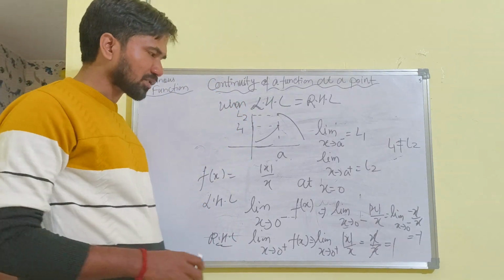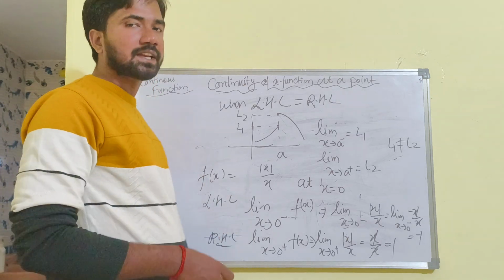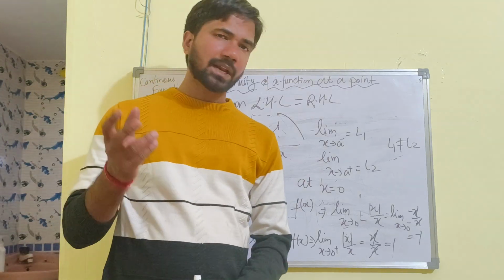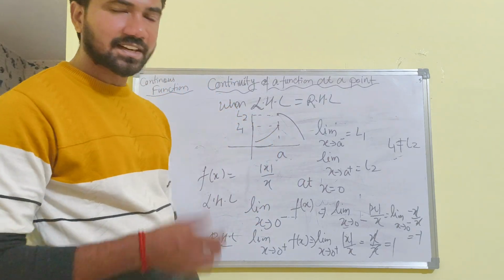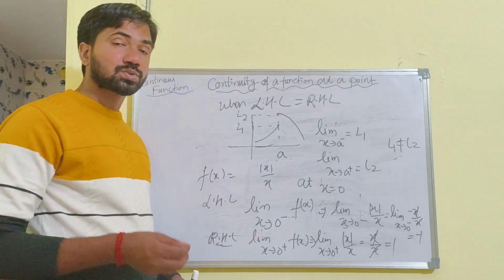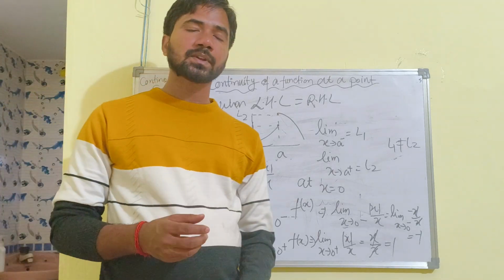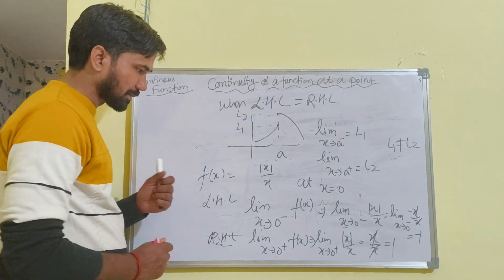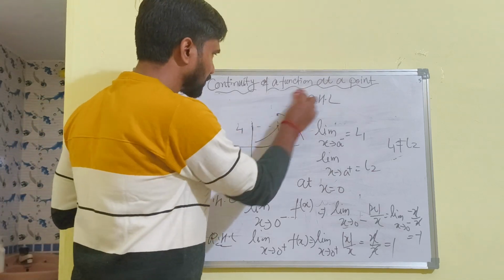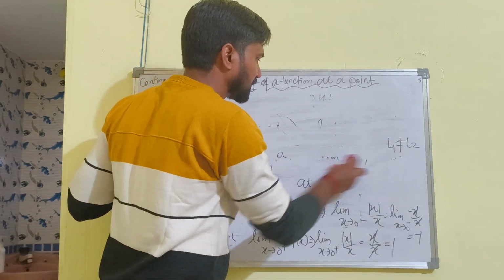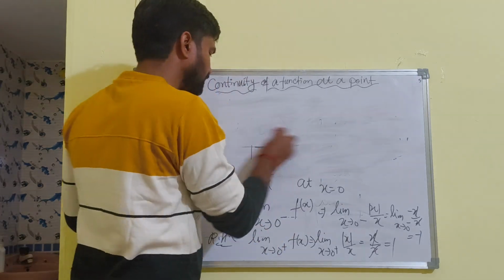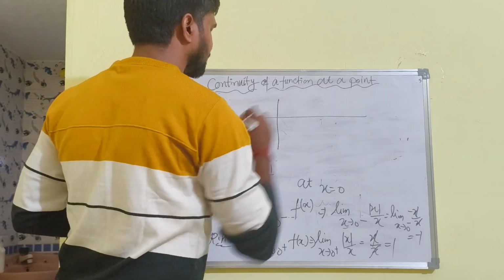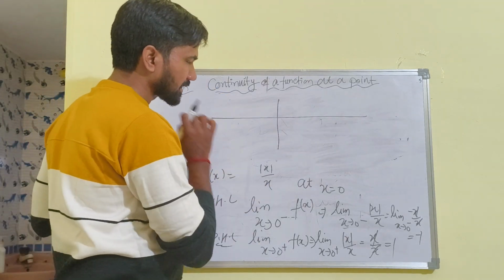See, this is the mathematical calculation. Let's draw the graph, it will be more clear, so we can understand geometrically. When we see a figure, we remember it for a long time compared to a theoretical written story. So let's draw the graph of f(x).